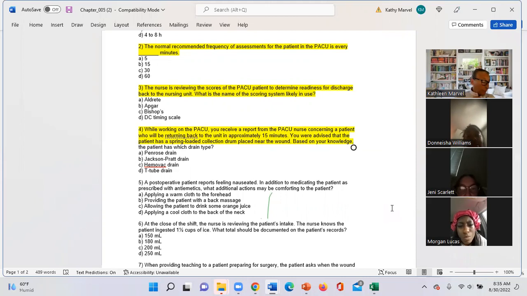Okay, go ahead with number 4. And what's the key word in this question? Spring loaded. So this talks about drains.